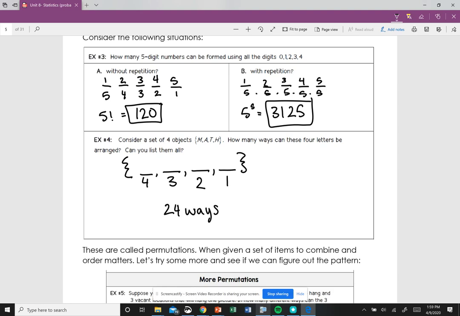And we could list them all. We could do M-A-T-H. And we could do M-A-H-T. And then you could do M-T-A-H.